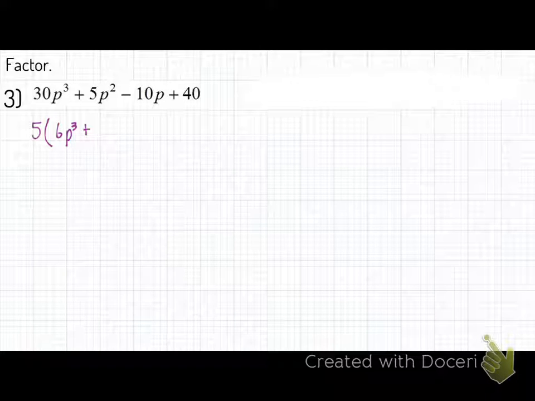Good, right? Because we want to make sure we have positive p squared. Otherwise our problem will look bad. Yeah, but that's fine. You can put 1p squared, but remember anything times 1 is itself. So it's redundant to put the 1 there. But that's okay. Okay? Next term, everyone? Negative 2p in the last term? Good, positive 8. Good. Okay? So that's number 3. Let's keep going.